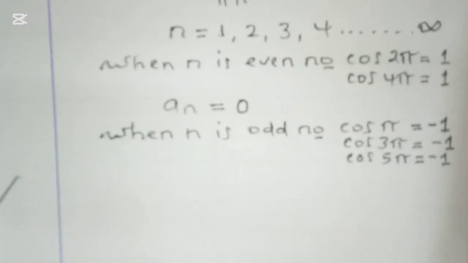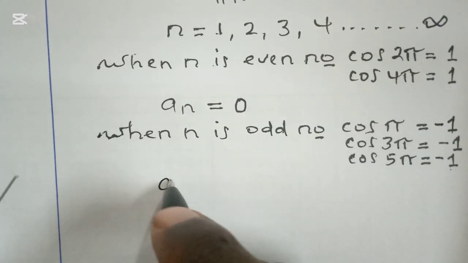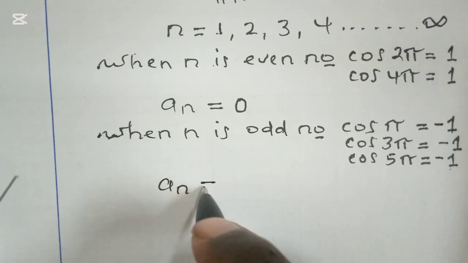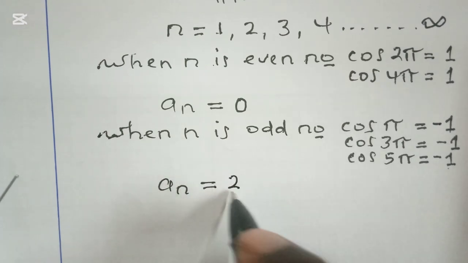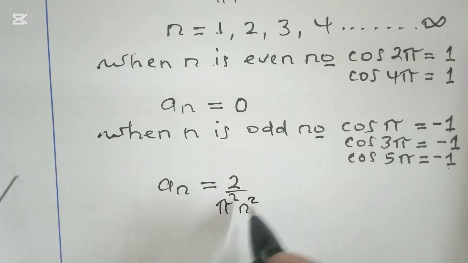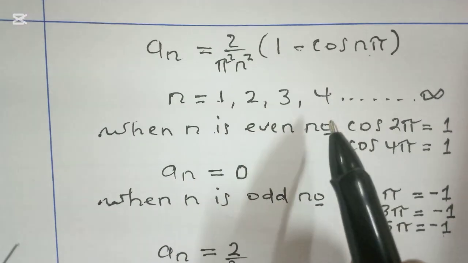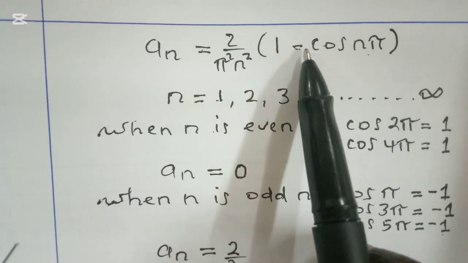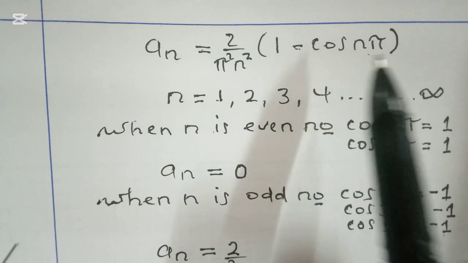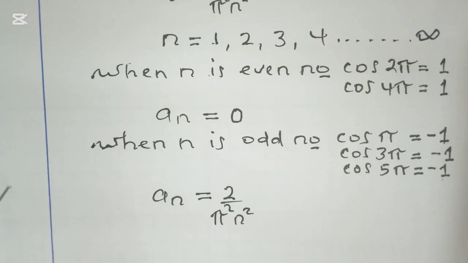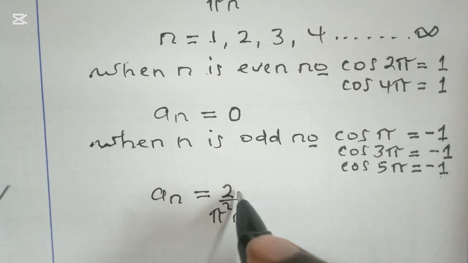And so therefore AN is going to be equal to 2 all over pi squared n squared, and this is now going to be 1 minus -1, which translates to 2. So here we have 2.